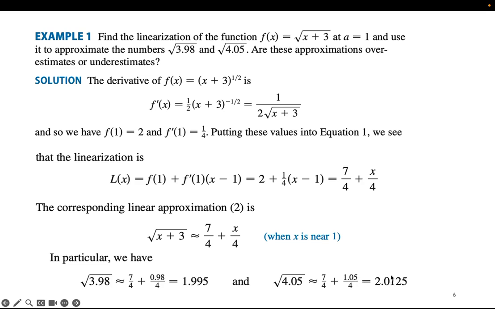And I get that this is the approximation for this value. Turns out that in the past, when calculators first came out back in the 60s, 70s, the square root symbol was in some of those basic calculators. And so one way to do the square root is to use this linear approximation.